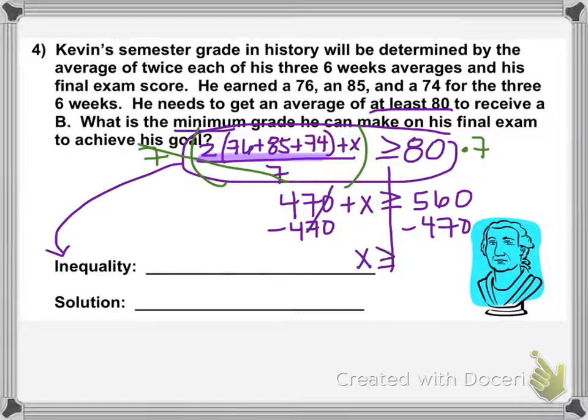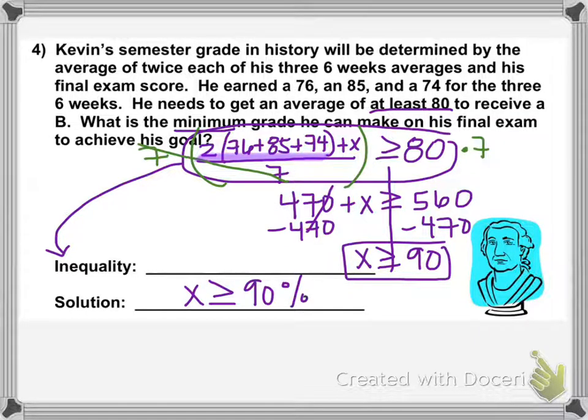So x is greater than or equal to 560 minus 470, which is 90. So what this means is he has to get greater than or equal to a 90% on his final exam in order to keep a B in that class. And this is how you can actually figure out what you need to make on your final exams.